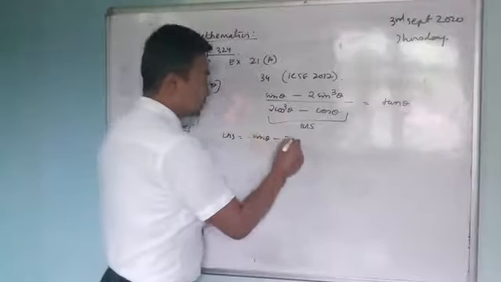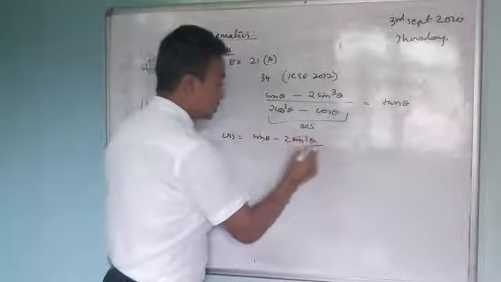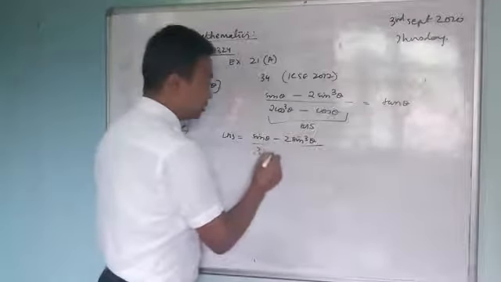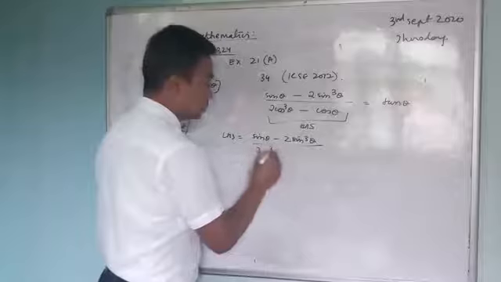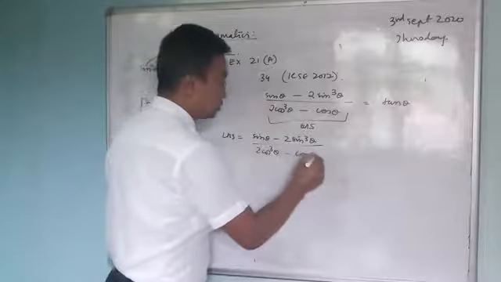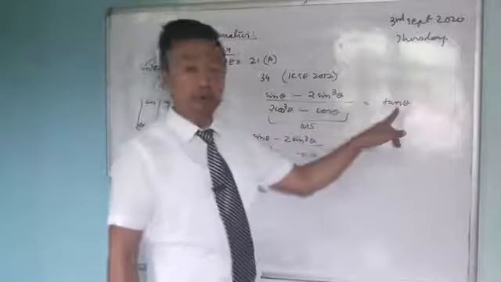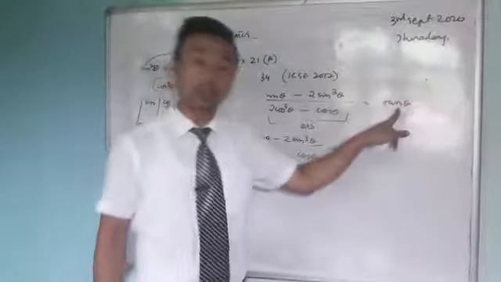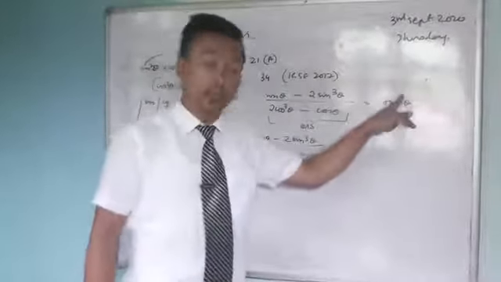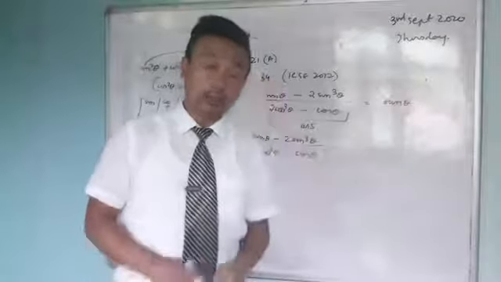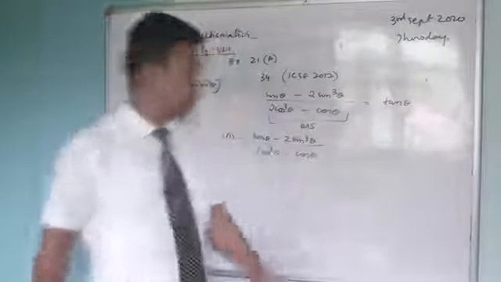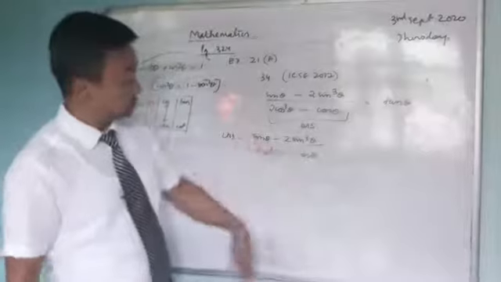Sine theta minus 2 sine cube theta divided by 2 cos cube theta minus cos theta. Now we have to get only one trigonometric ratio, that is tan theta. If you remember, tan theta can also be written as sine theta by cos theta. So we have to get only sine theta by cos theta.